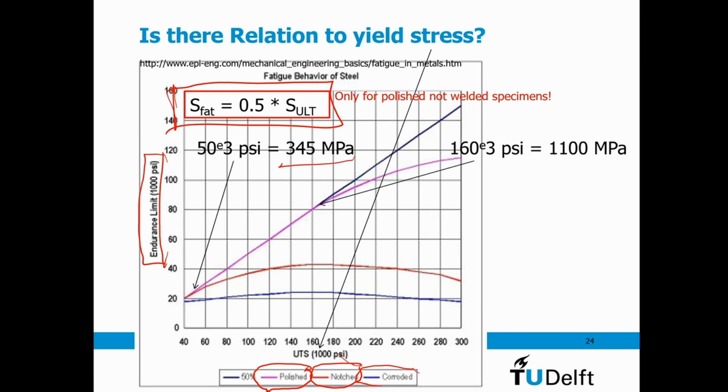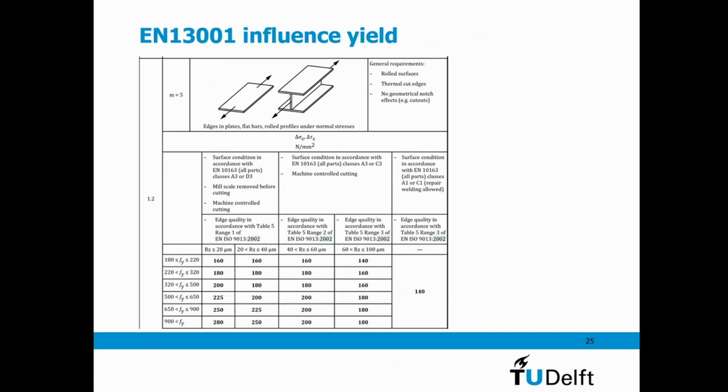How does that translate in standards? I'm a big fan of the 13001. That is the crane standard, and the advantage of this standard is that it is very, very specific. I hope the Eurocode will come with an update which is as specific as this code.